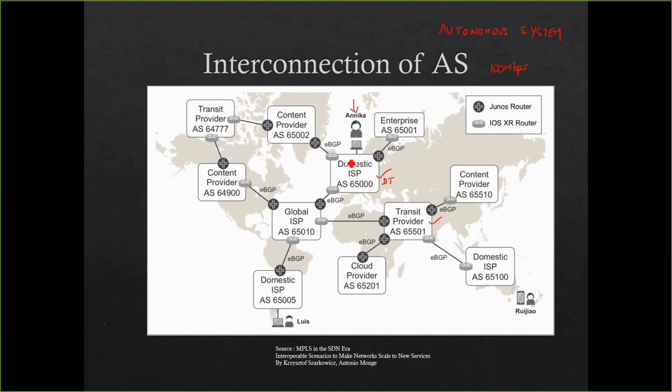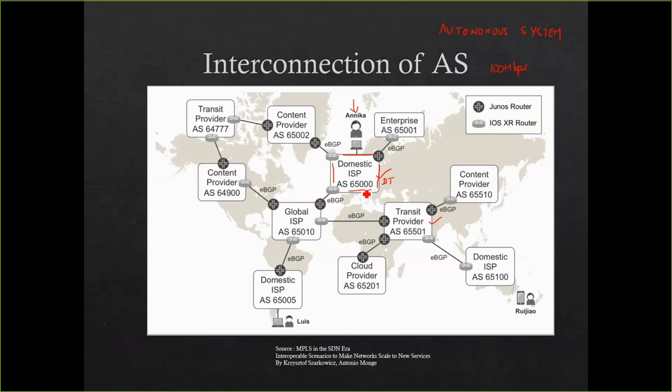I'm abstracting all those details. So this whole box that is shown here is a network that Deutsche Telekom is building, and each network has an autonomous system number. The 65000 is the autonomous system number, and each network has to have a unique autonomous system number.